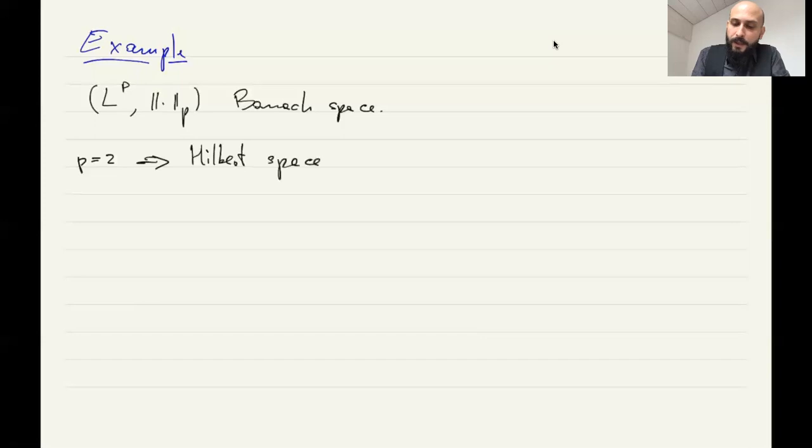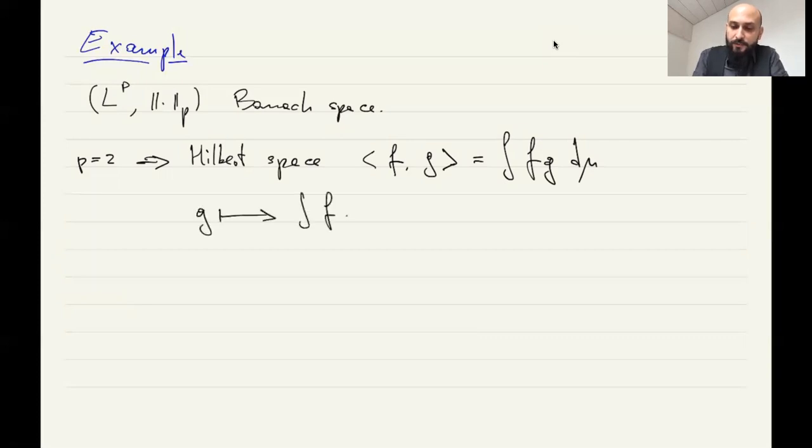And the scalar product between f and g is the integral of the function f times g. And as we saw for Hilbert spaces, the map g goes to the integral of fg d mu defines an element in the dual L2 star.